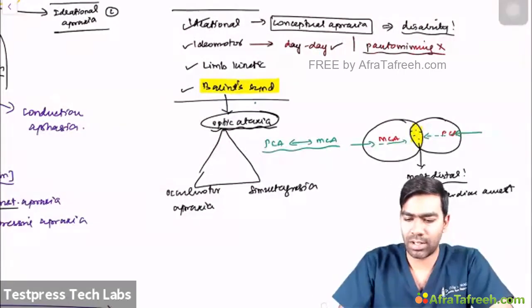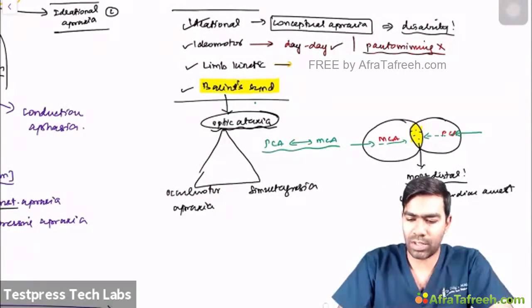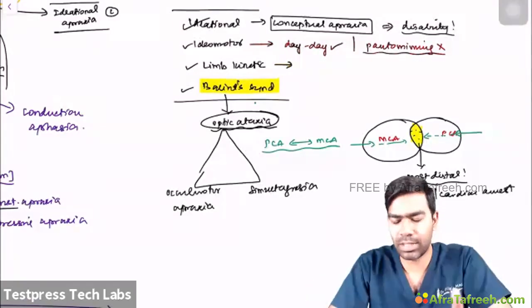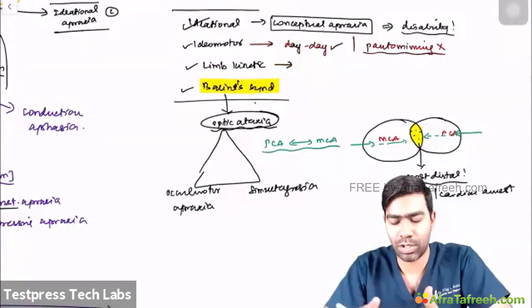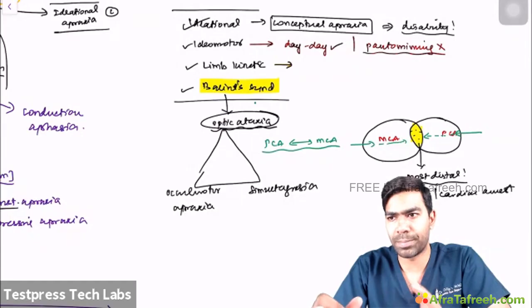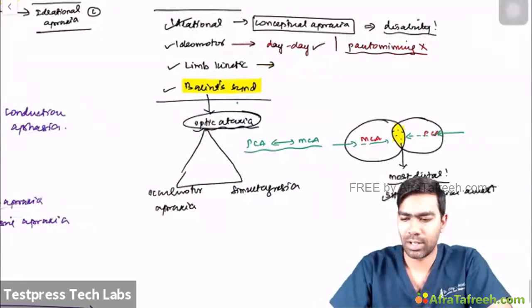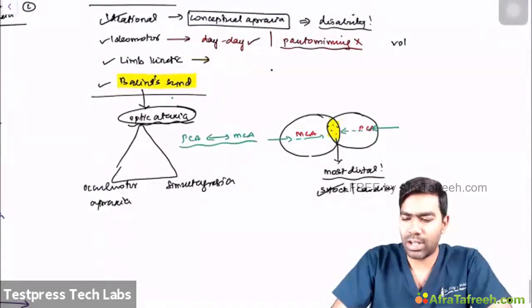And you have a limb kinetic apraxia. And the most important difference with that of the ideomotor is because many people think like ideomotor and limb kinetic are almost the same, but both are happening in completely different areas, and there is a lot of difference between them. Here also there will be problem in doing things, almost the same as in ideomotor apraxia, but that voluntary autonomic dissociation will not be there.